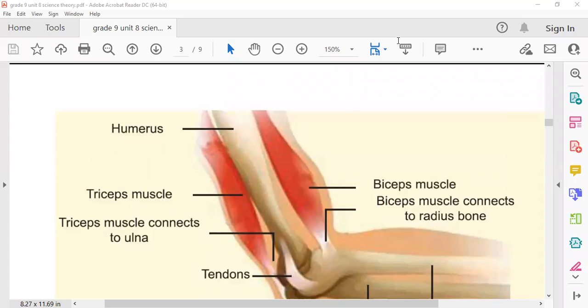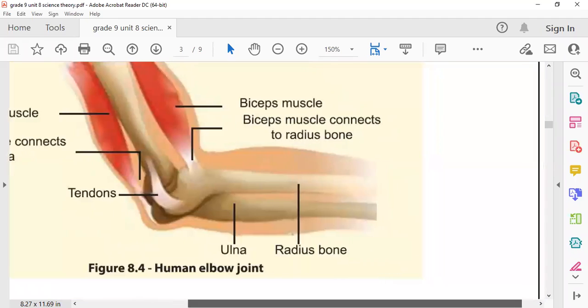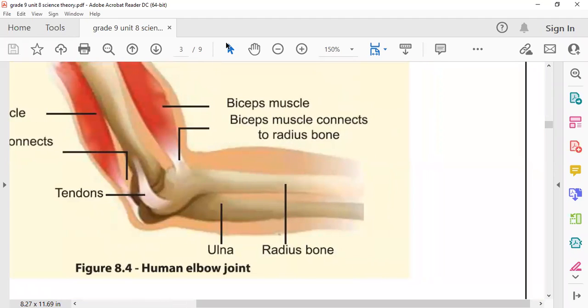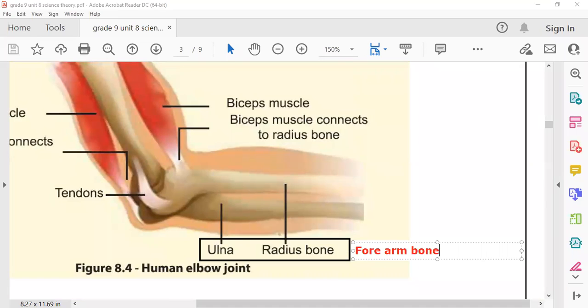Here, there are two bones. These two bones are our forearm bones. How many bones are there in the forearm? Two bones.